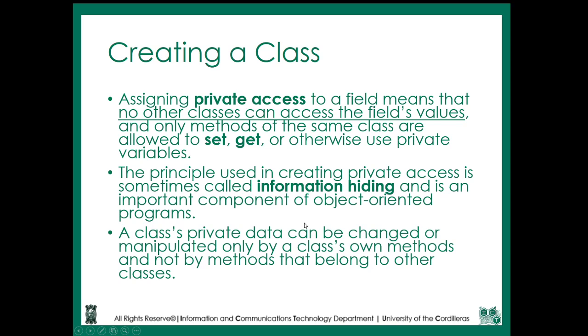Say for example, you have two different classes, and one of the classes you have declared as a private class. That means the class which was set as private can only be accessed by the methods inside of that class.